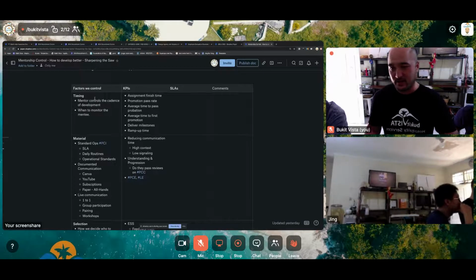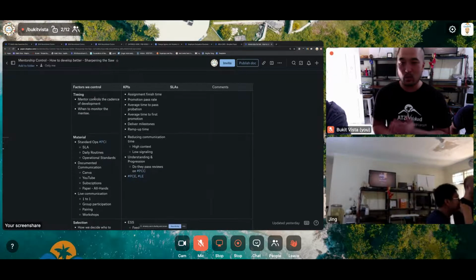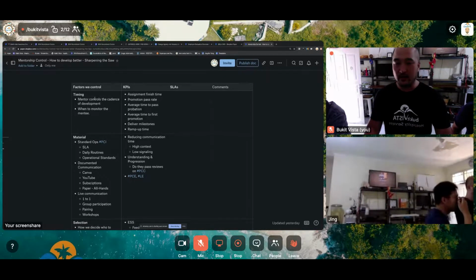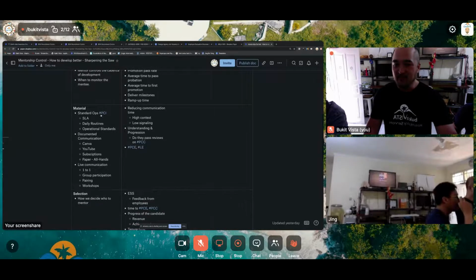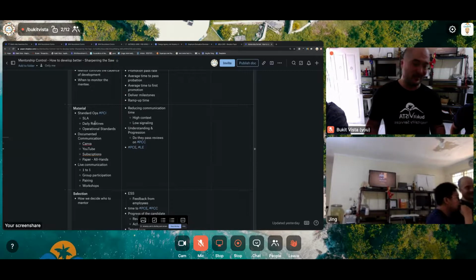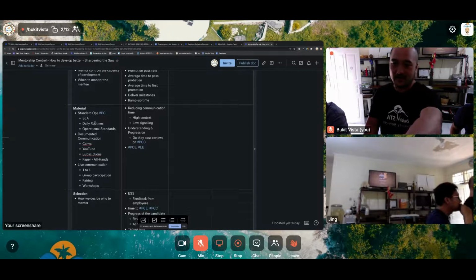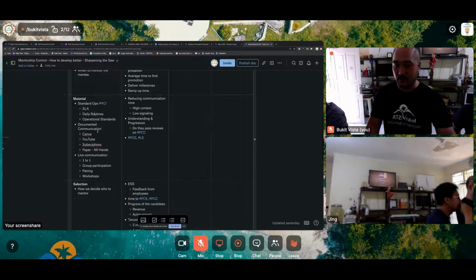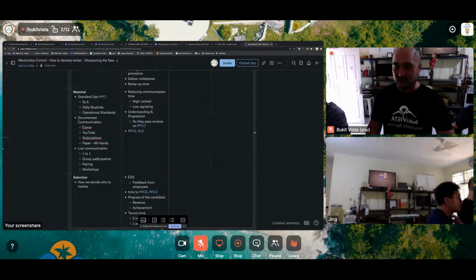What factors do mentors control? They control timing, when we intervene, and monitoring and surveying the candidate under development. They control the materials, right? Standard operating procedures, the docs. I know we don't use that, but let's say the SLAs, the daily routines and operational standards, documentation, and we also control the live communication.